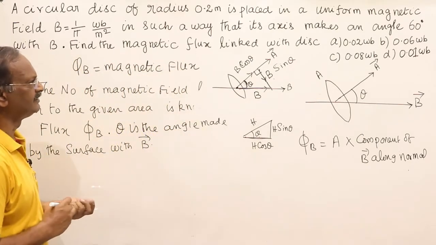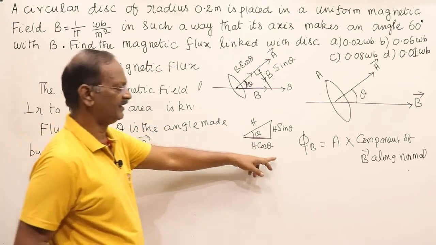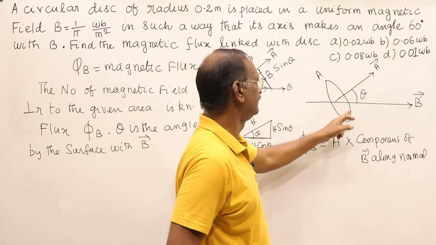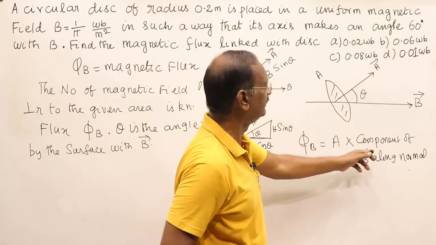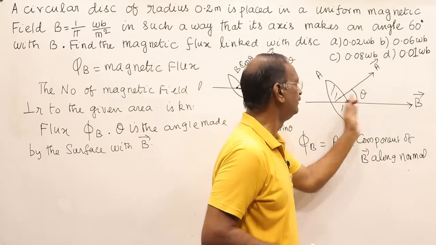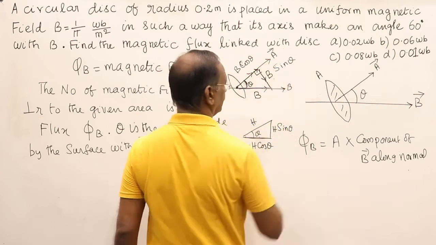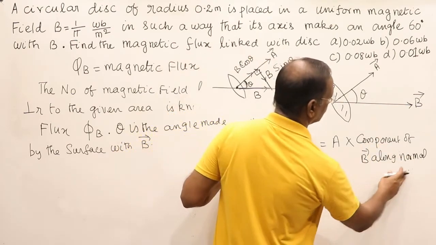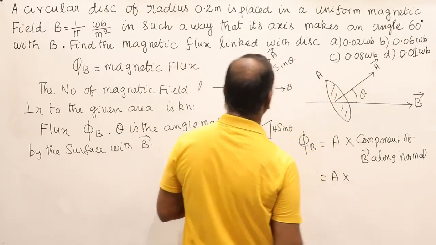Now, what is the definition of magnetic flux? Magnetic flux is the area of the surface into the component of B along the normal, that is A into this portion.